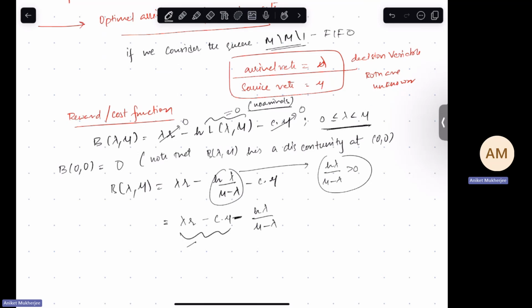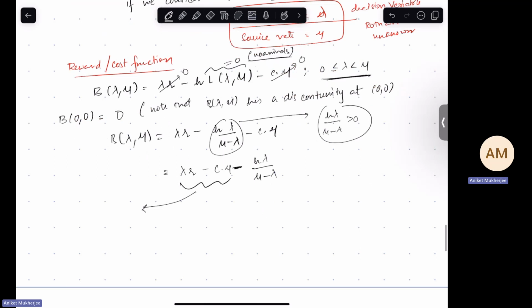Now it depends on this. Let us see how lambda R minus C mu varies. We know that lambda is always less than mu. Now if R is less than or equal to C, then this term is negative. This term is negative, this term is positive. You're subtracting some positive number from a negative number, so this will be less than or equal to 0.